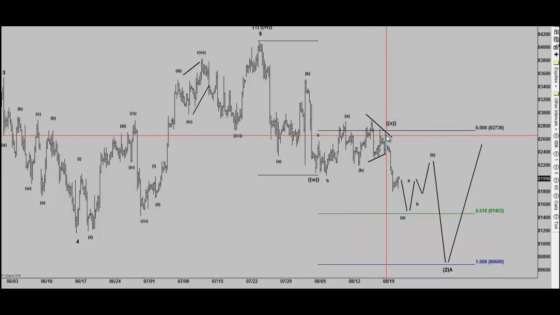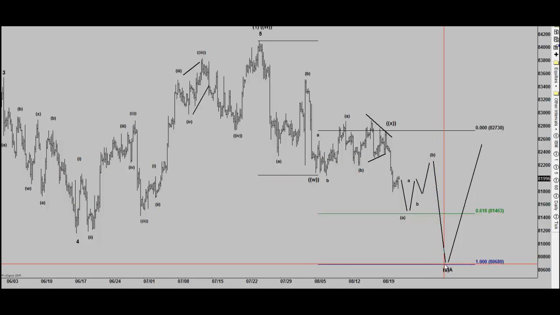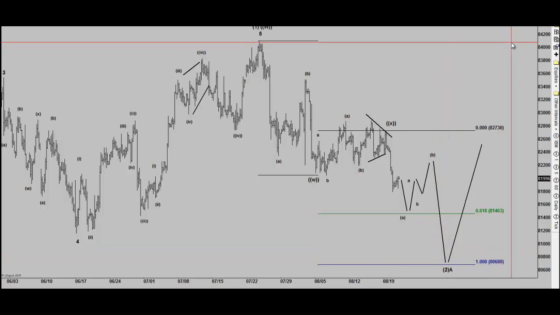And then from there, the index is due to do 3 waves back with a target between 80.68 and 81.10, from where the index should start rallying if the low in the daily RSI holds. So for now, we believe the index is still a sell with a target between 81.06, 81.08 and 80.68, from where the index should rally.